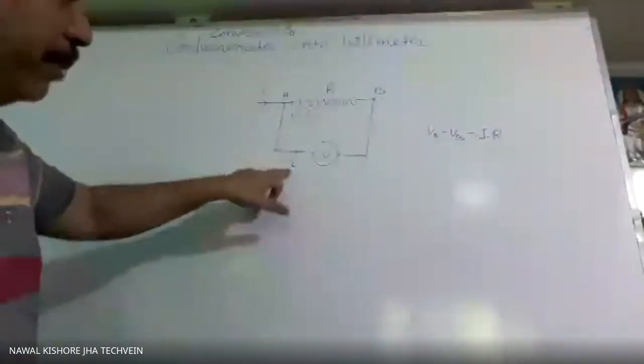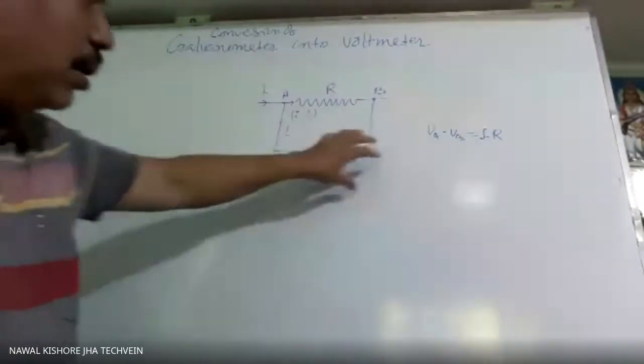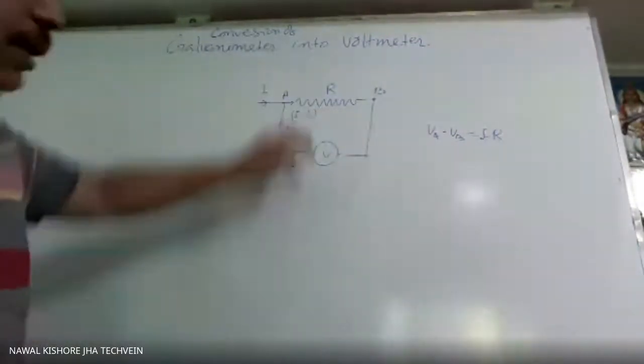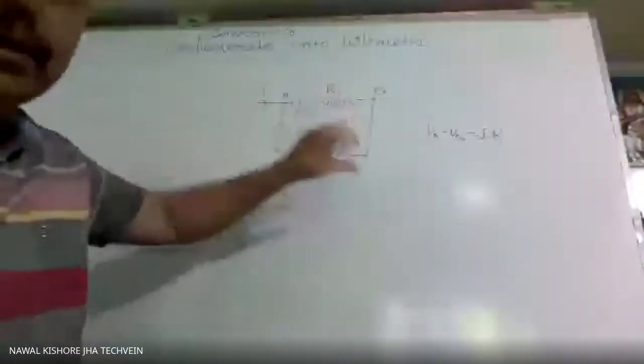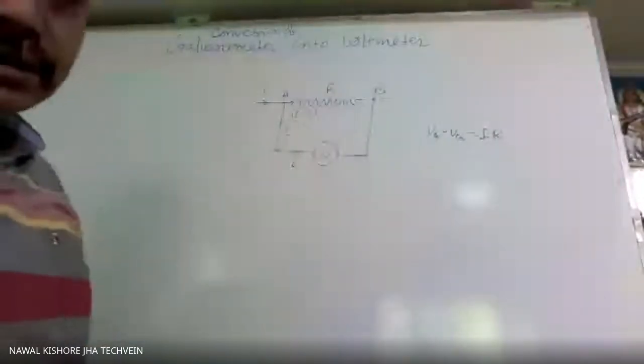So what will be the value of I? That will depend on the resistance of this voltmeter. If resistance of voltmeter is very high, this current I will be very small and error will be very less.